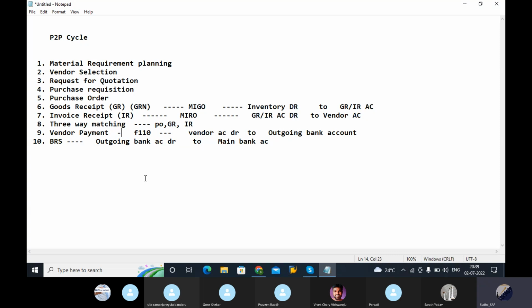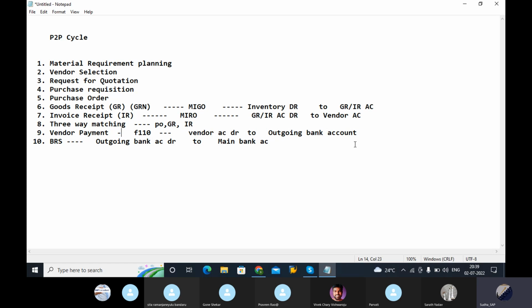For APP, we will run F110 with the help of the F110 T code. When it is executed, it picks up the invoices due for payment and processes them for payment. For this, the general entry is vendor account debit to outgoing bank account.